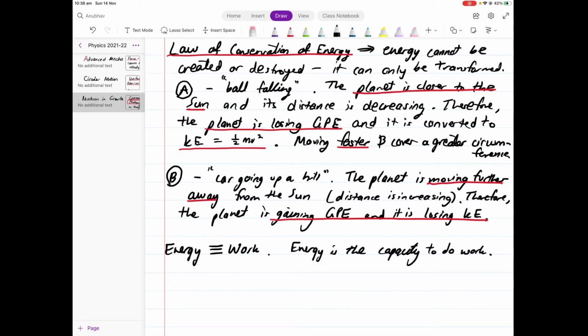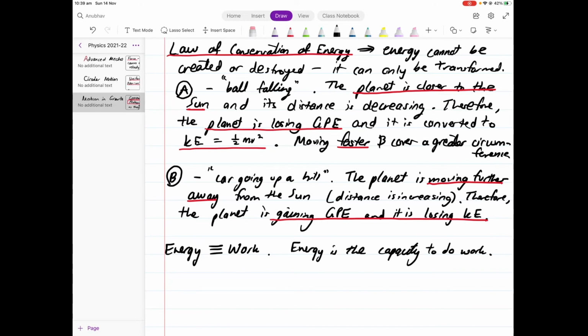For example, if I have kinetic energy, if I'm running and I was to slam into someone, I will have the ability to do work on the object that I slam into. If I have gravitational potential energy and I was to jump off a cliff, I have the stored energy within me to do work, which will increase my kinetic energy as I fall down the cliff.